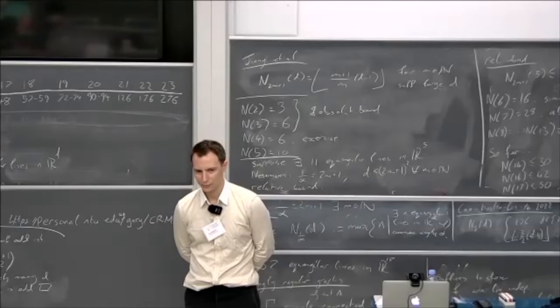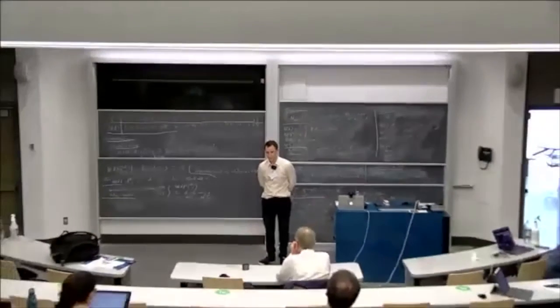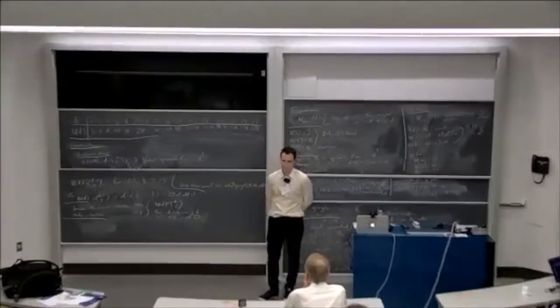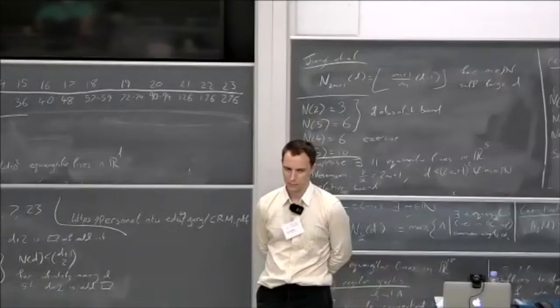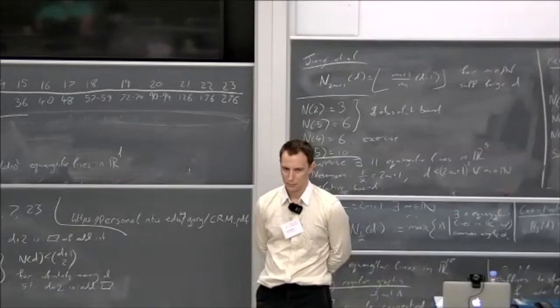So if you replace the assumption of equiangular lines by the requirement that the minimal angle is alpha, can you fit more lines into the same dimension?